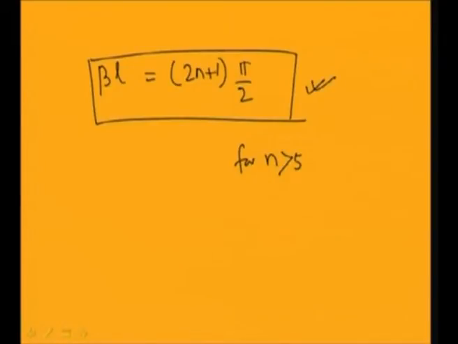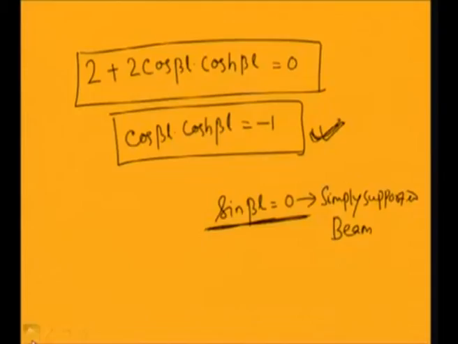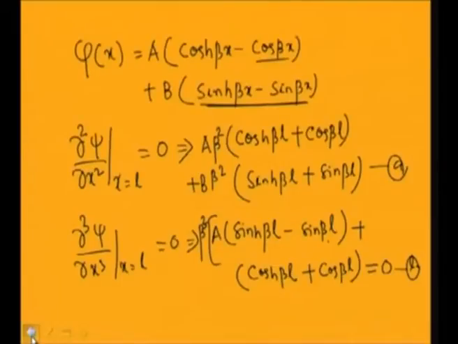So as we have obtained before, this is the frequency equation, cos beta L into cos hyperbolic beta L equal to minus 1, and we should find the mode shape. So already we have written the mode shape in this form: psi x equal to a into (cos hyperbolic beta x minus cos beta x) plus b into (sin hyperbolic beta x minus sin beta x).